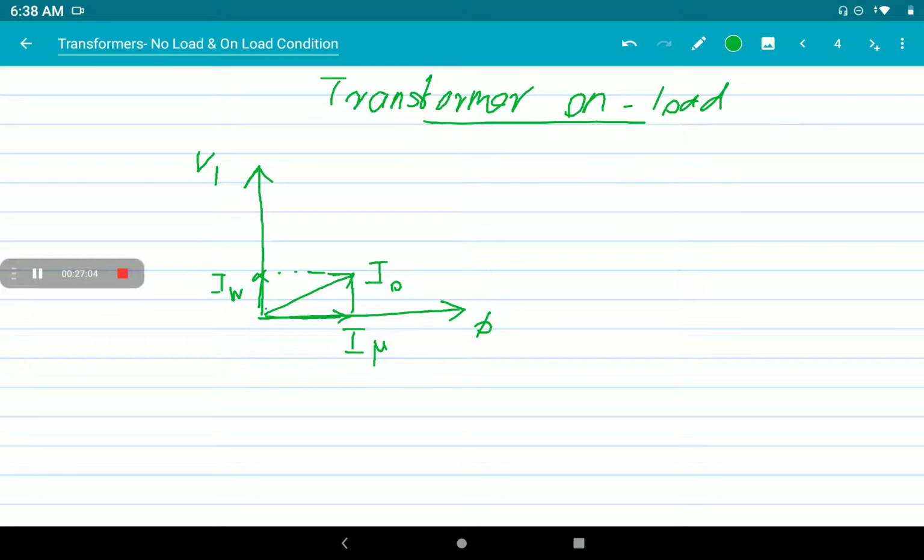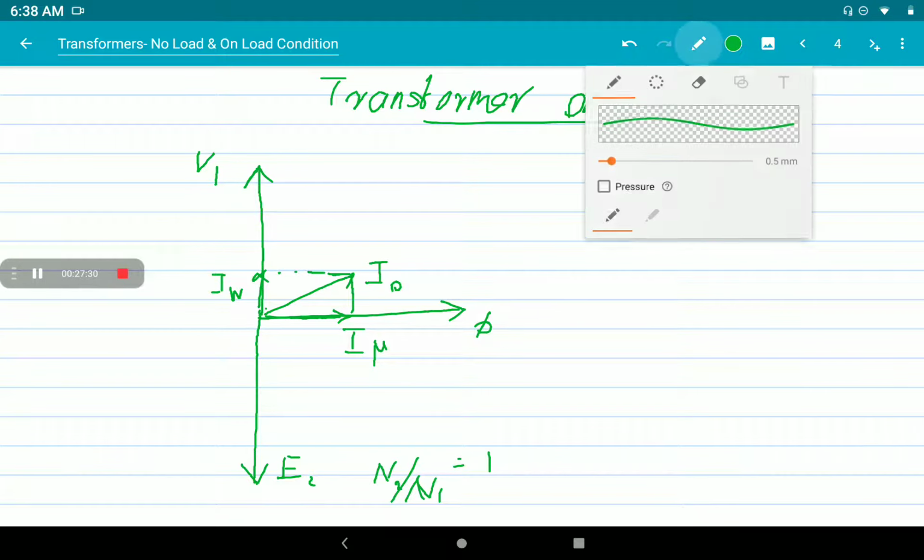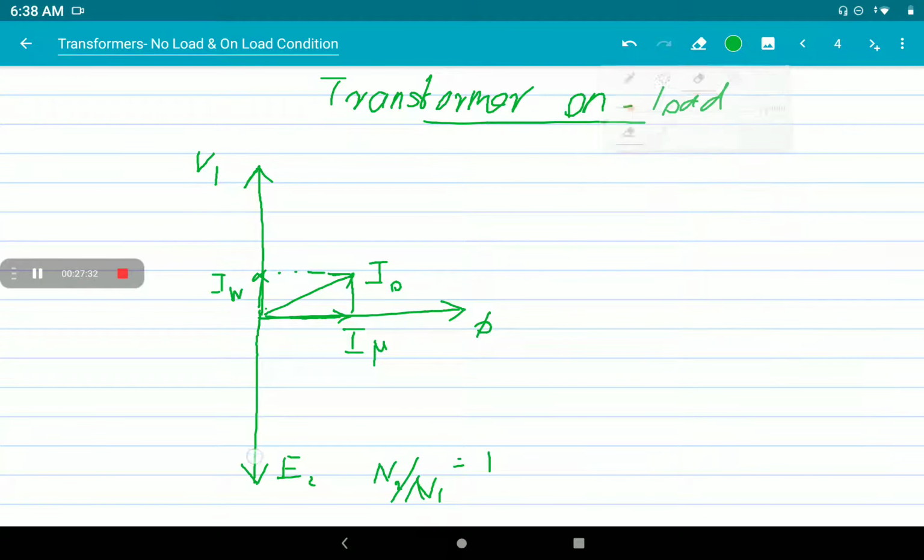Now we are assuming that the induced EMF in the secondary is E2. E2 and E1 are equal. First you assume the transformation ratio N2 by N1 is equal to 1. Then you can assume this magnitude as equal.